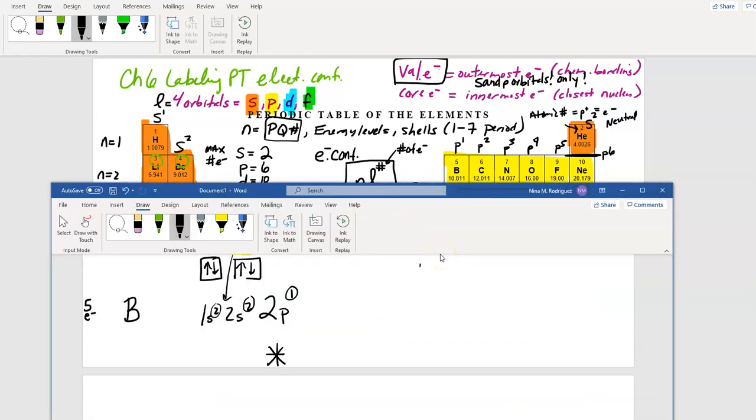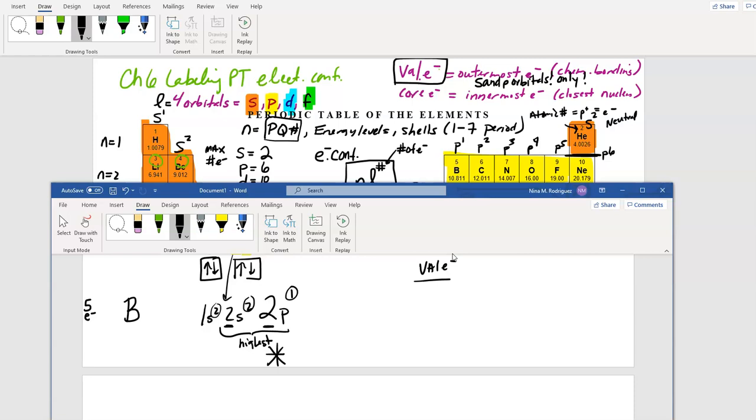How many valence electrons? You have to remember, valence are the outer orbital, the highest principal quantum number. And I got a quantum number of 2, and I got a quantum number of 2. These are the highest orbitals. They're both in the 2 orbital, okay?